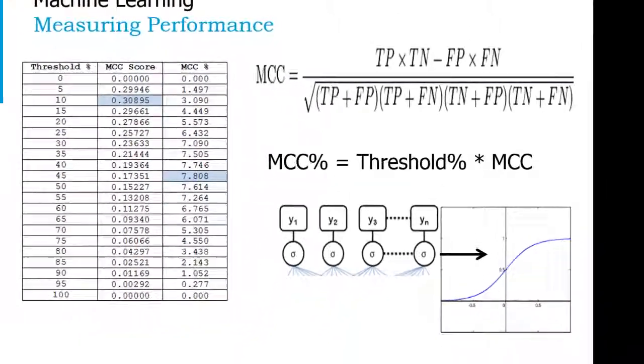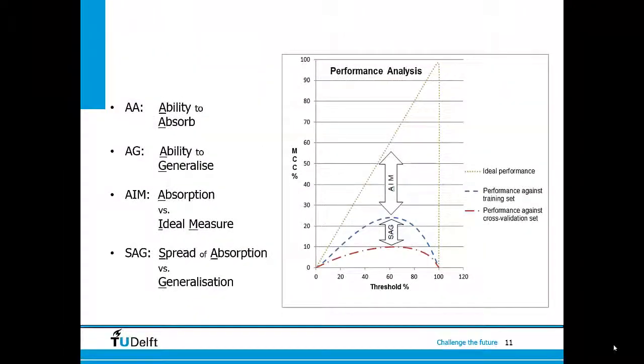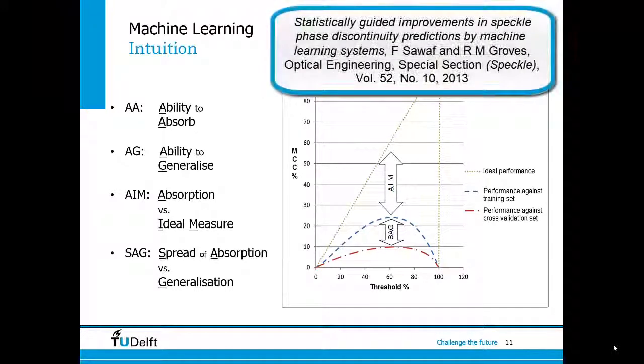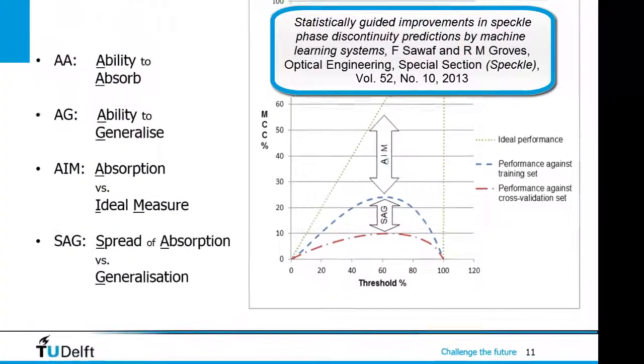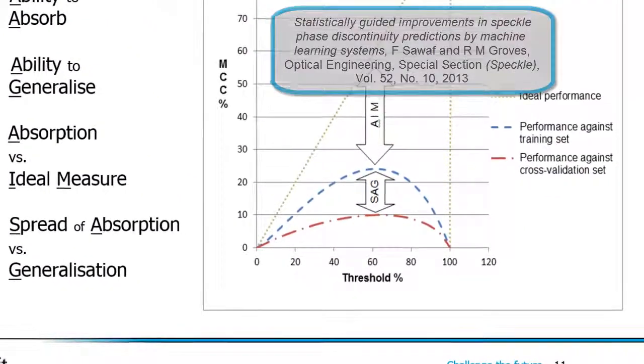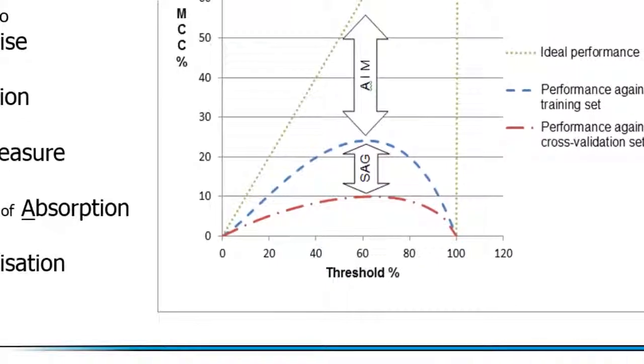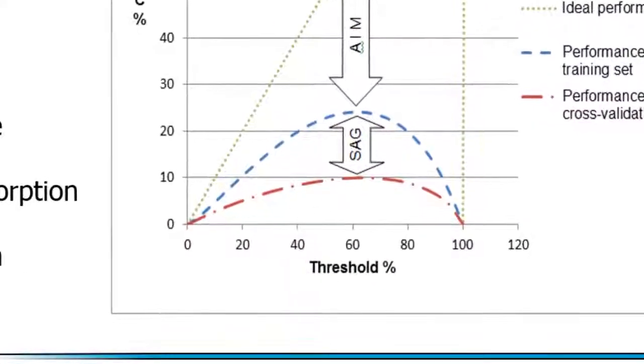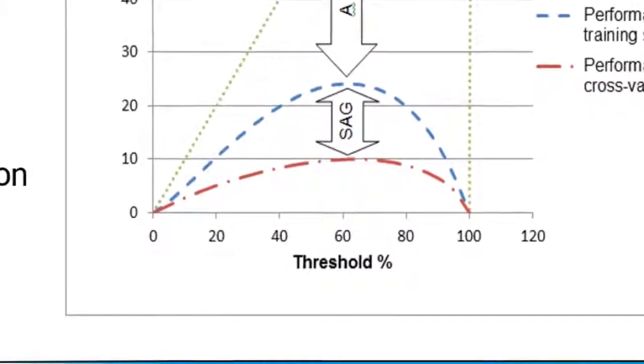The details of this measure are something we published recently. It came out in the October issue of Optical Engineering, and what's even more useful about this MCC percent score is that once you plot it in this way, not only does it give you an idea of the performance and the accuracy, but it also gives you intuition as to what you can do to improve that performance.